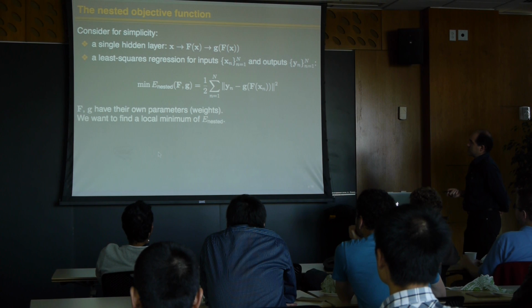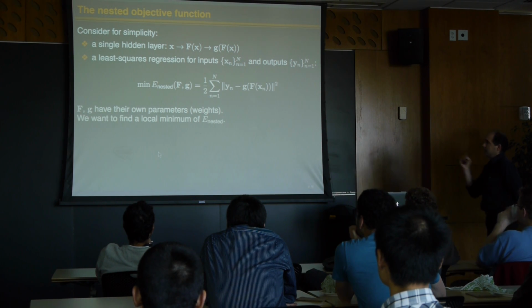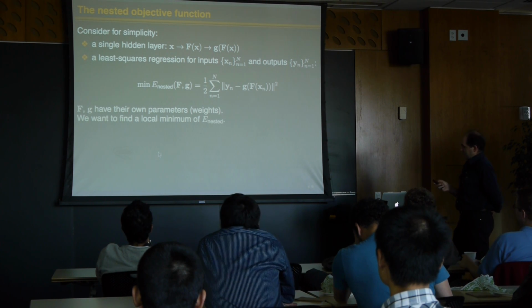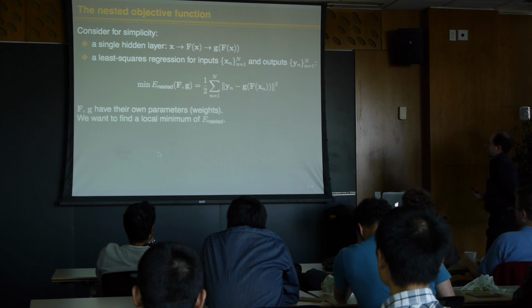I'm going to introduce the idea for simplicity with just a single hidden layer. So we have only two functions, f and g. It applies more generally, but this simplifies all the equations. And also I'm going to use the least squares error. Again, for simplicity, you can use other loss functions.